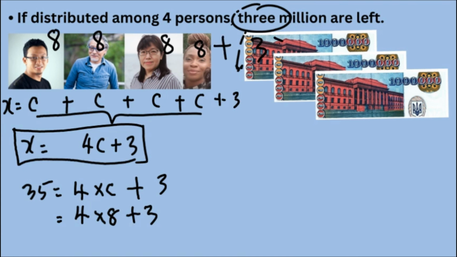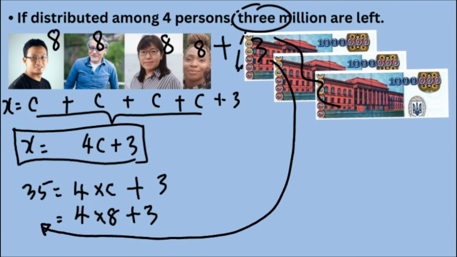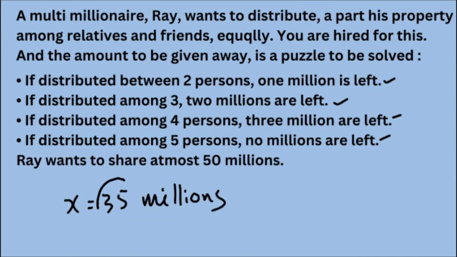There is the remaining 3. That would account to 35 millions. 35 satisfied all the conditions. And the answer is 35 millions.